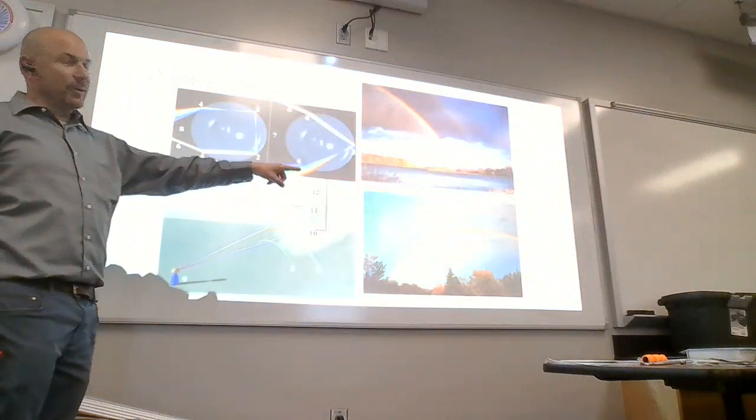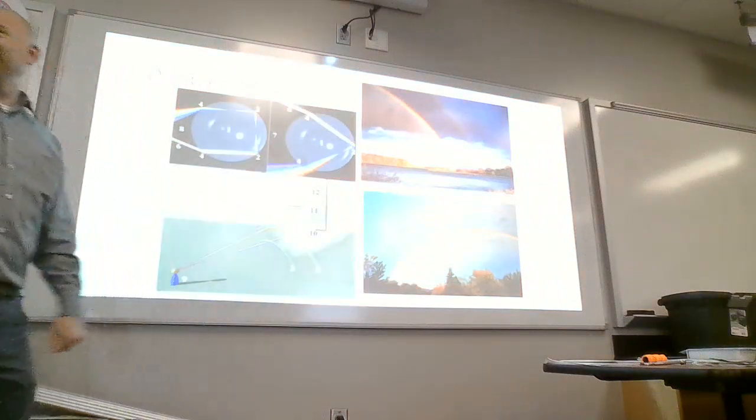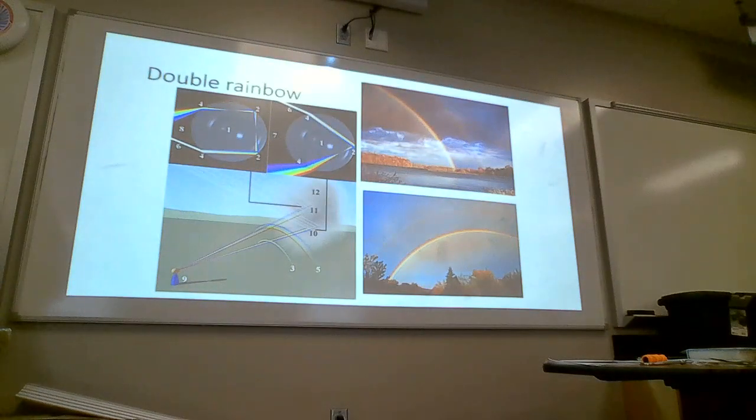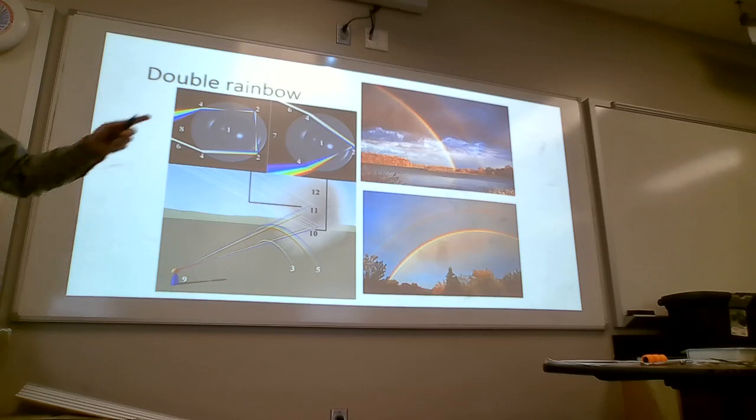Look at the order of the rainbow of the secondary. It's opposite. Crazy. It's like a reflection. Cool with that? So next time you see a double rainbow, look at the color order.